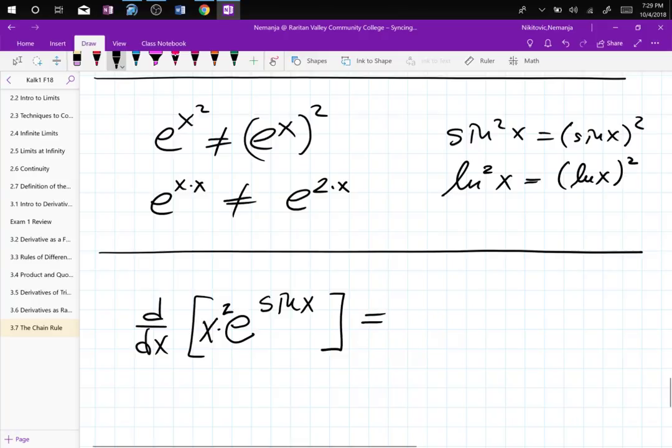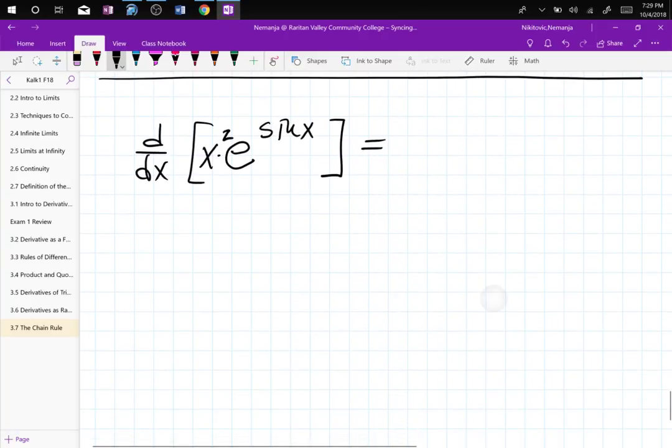I need you to tell me, what is this problem? What do you think? I just want to know which rule I need to use. That's my question.